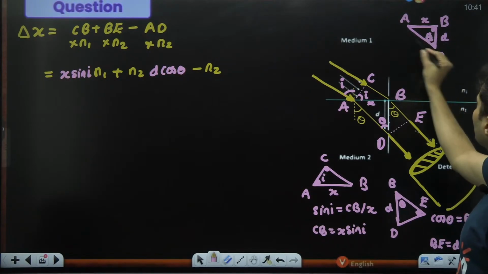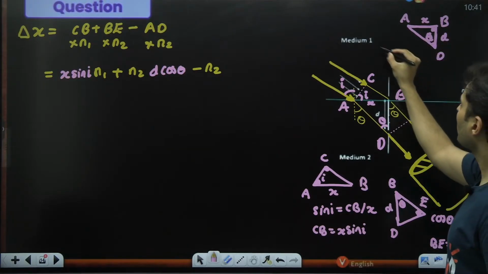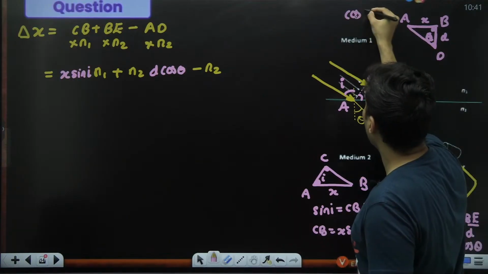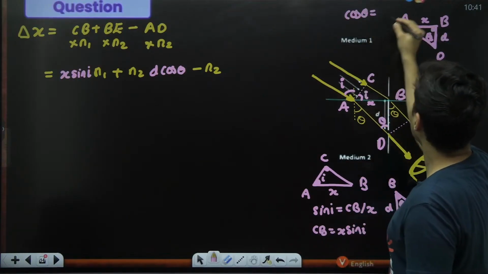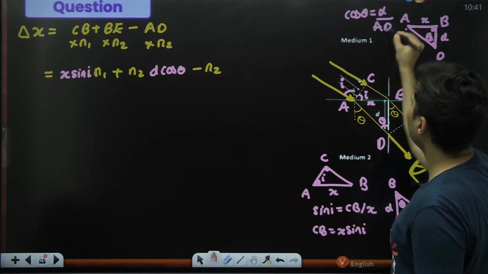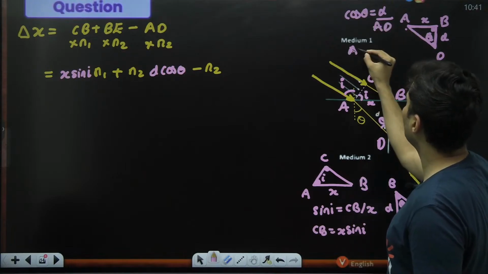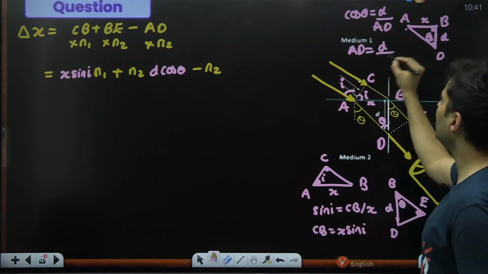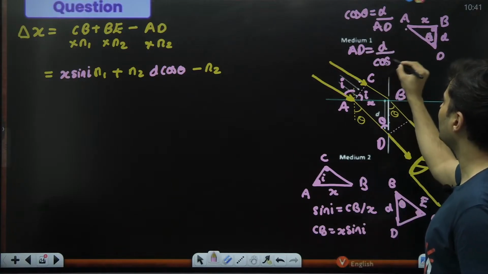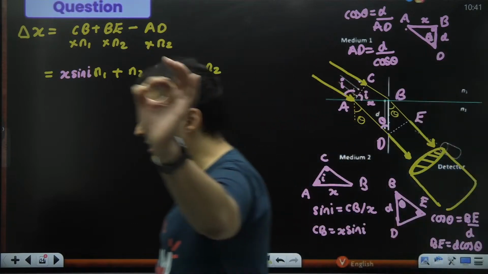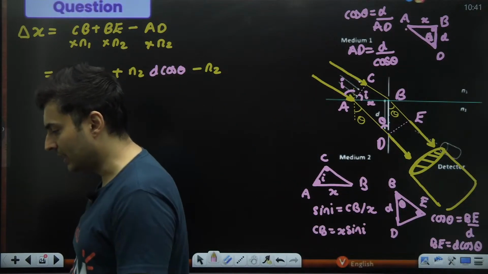If you want AD, we can use cos theta. Cos theta will be d divided by AD. So A to D will be d divided by cos theta.